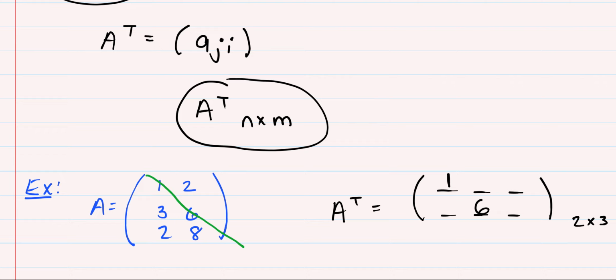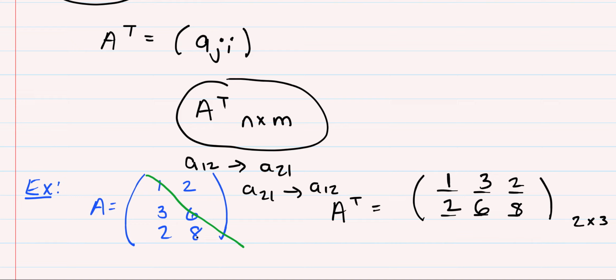So let's continue what I was saying. This is in the A1,2 spot, so now that goes to the A2,1 spot, which is right here. This is in the 2,1 spot, so A2,1 now goes into the A1,2 spot. So this goes to 3, this is 2, and this is 8.